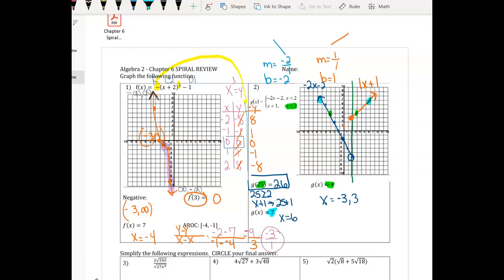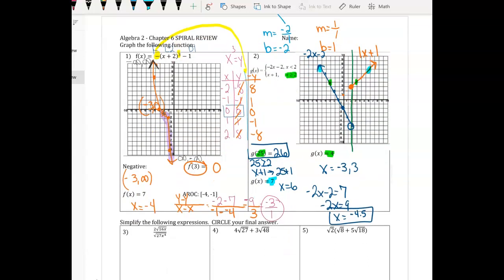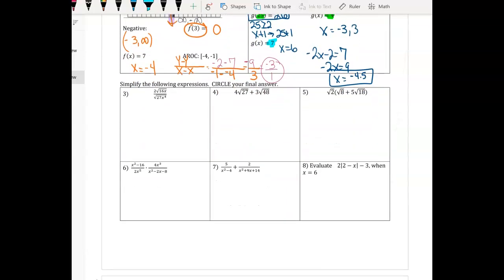So since it's part of the negative slope line, I know that -2x minus 2 should give me a y value of 7. I'm just going to go through and solve for that problem. So I'm going to add 2, and then I'm going to divide by -2, so the other amount is -4.5.